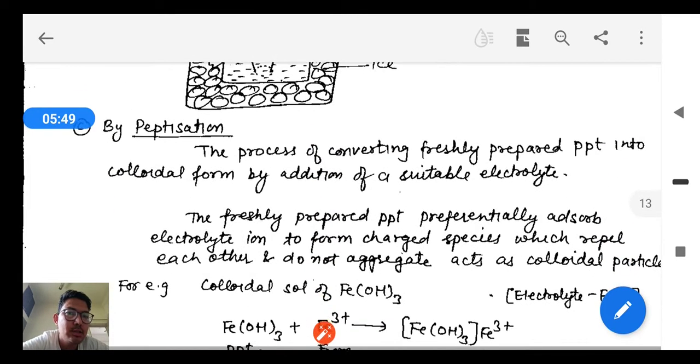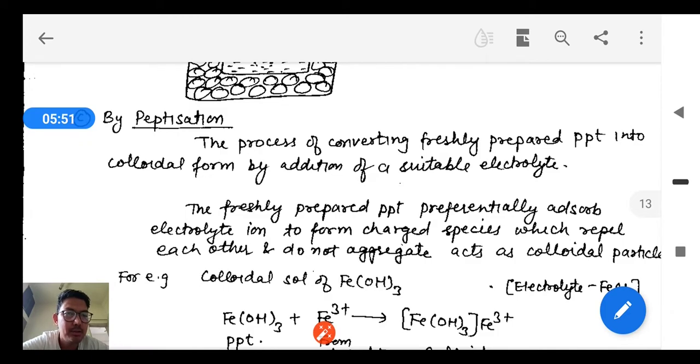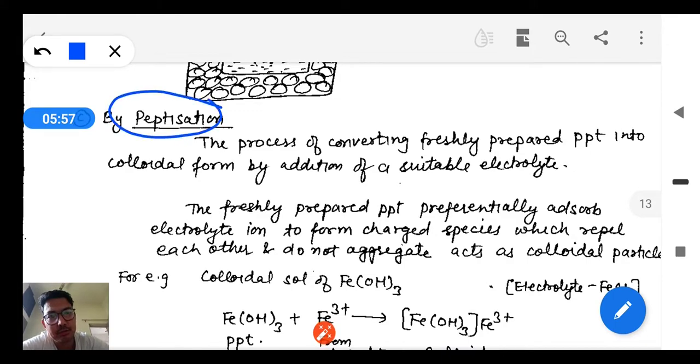So third one is the peptidization method. This is very important, because peptidization is the reverse of coagulation. Okay, coagulation and peptidization run parallel.